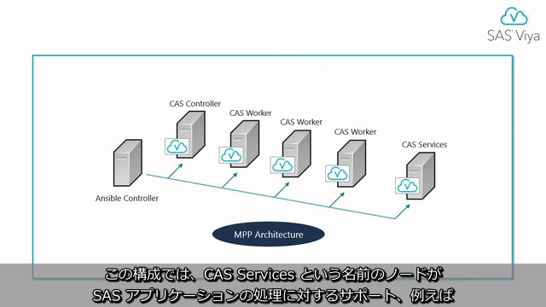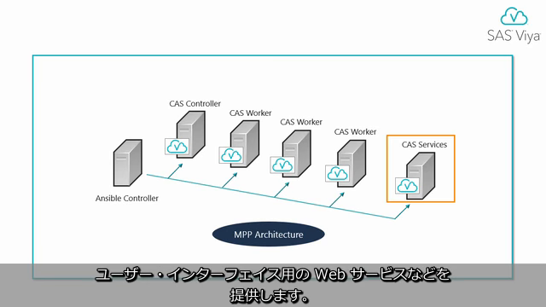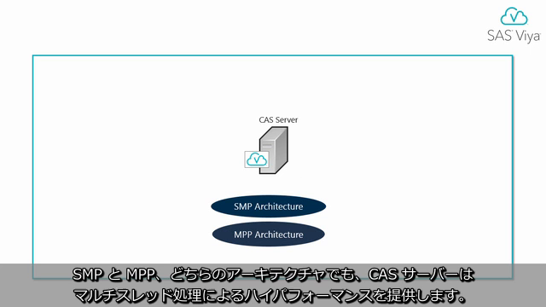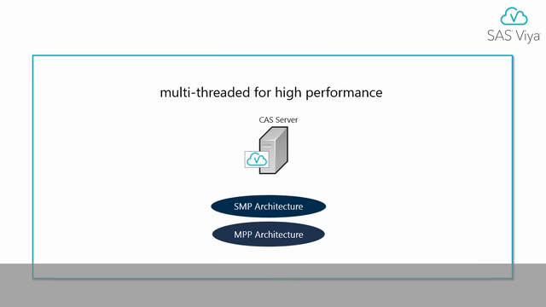In this configuration, the node labeled CAS Services provides support for SAS application processing, such as web services for user interfaces. In both SMP and MPP architecture, the CAS server is multi-threaded for high performance.